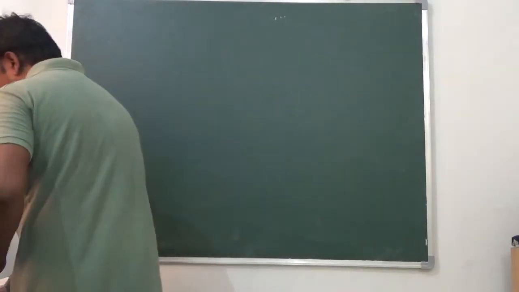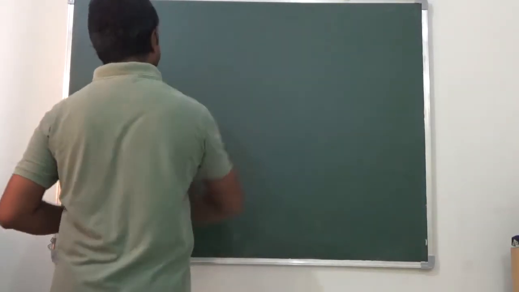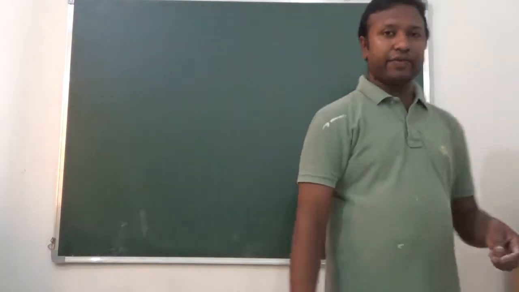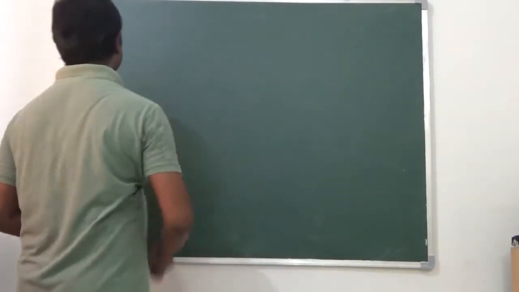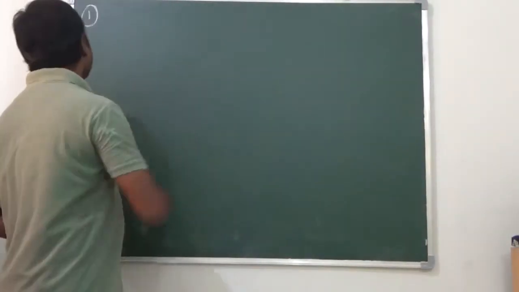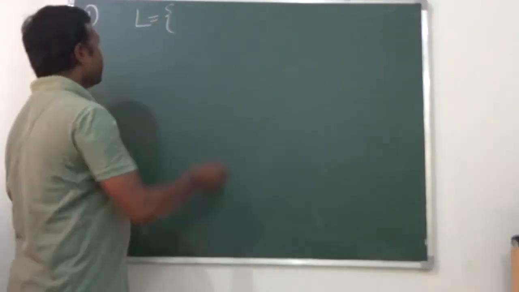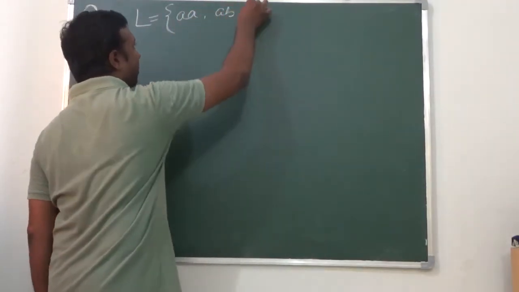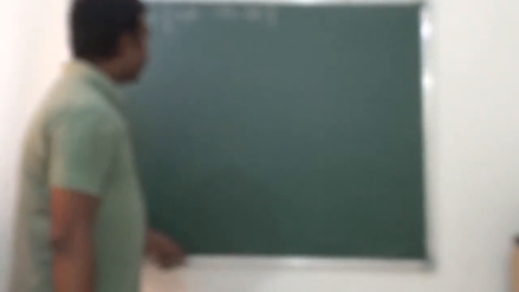Fine. So let's design a finite state machine for some particular language. And the first problem which I want to supply is like this. Suppose there is a language L which is having AA, AB, BB. Now we need to design a finite state machine for this particular language.